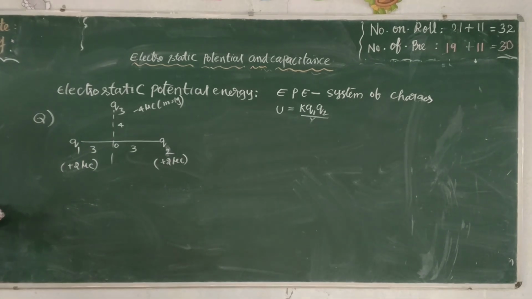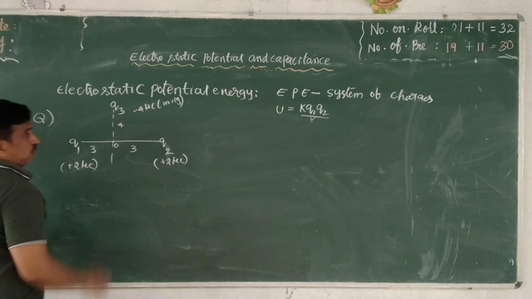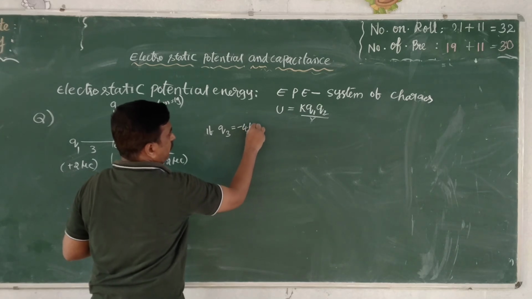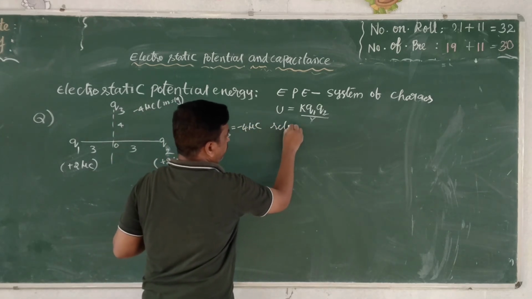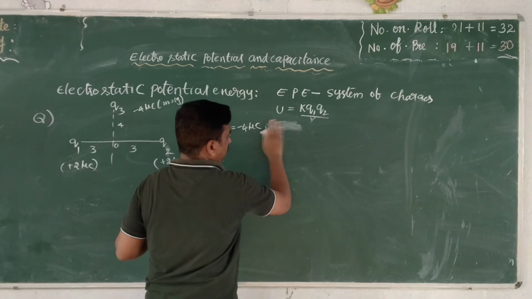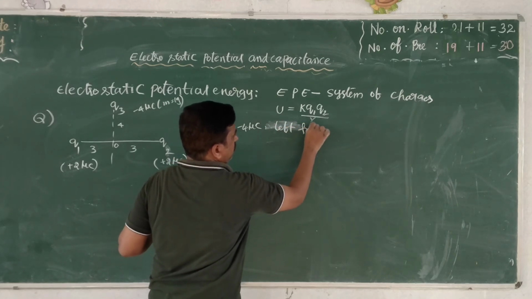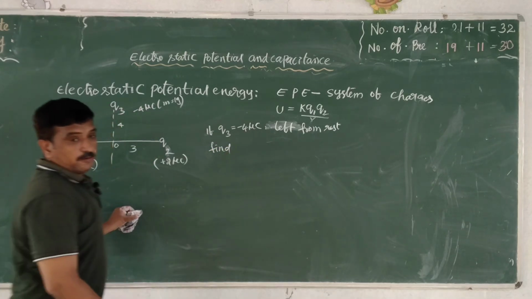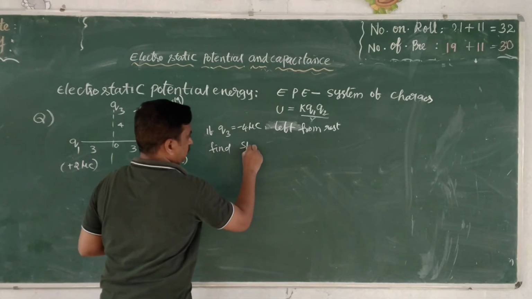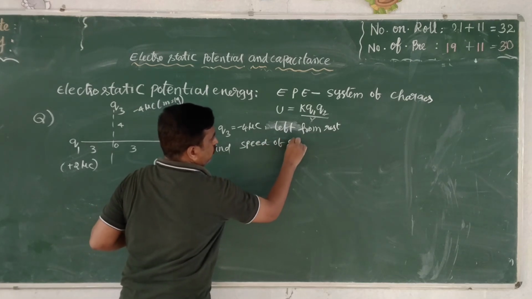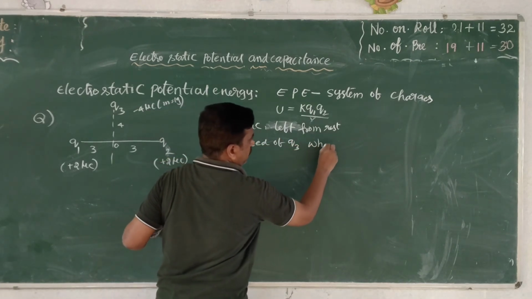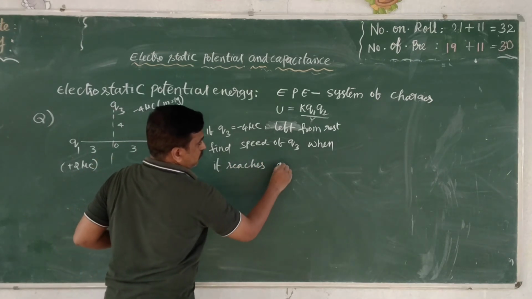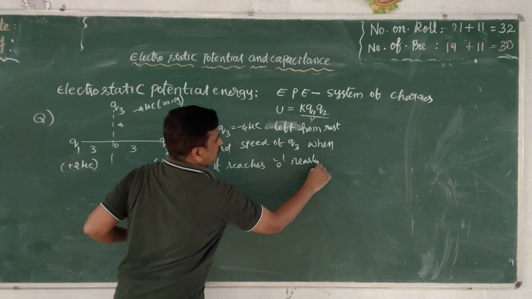When it reaches the 0 point, we find the speed of Q3. For that, if Q3 equals minus 4 microcoulombs, released from rest, find the speed of the Q3 charge when it reaches 0 nearly. That is the problem.